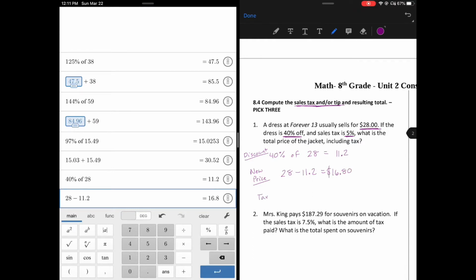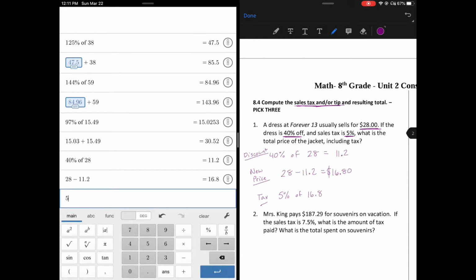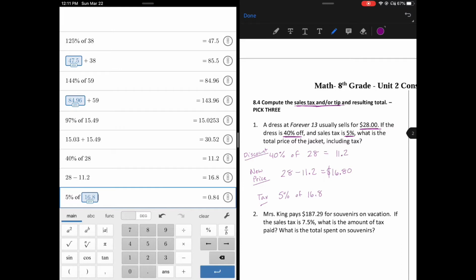So our tax is going to be 5% of 16.8. So we'll figure out what that is. And it is 84 cents.